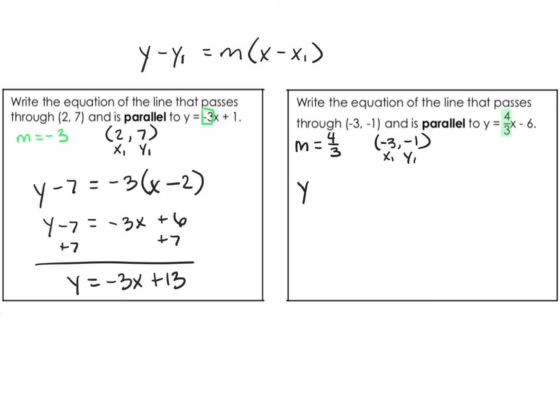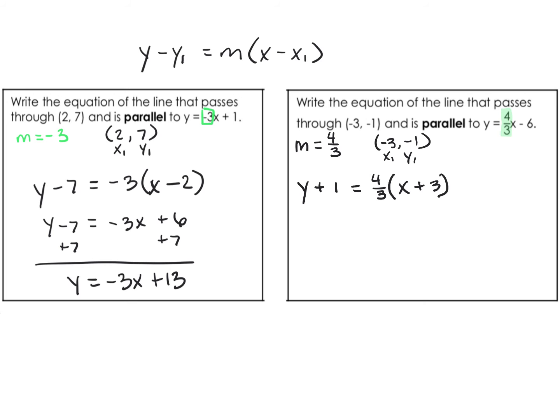And we plug it in: y minus y1, which is -1, so we make that plus 1, equals our m, 4/3, times x minus -3. So that's plus 3.